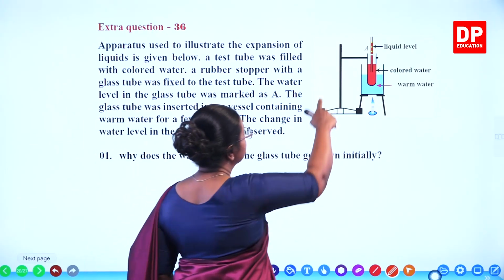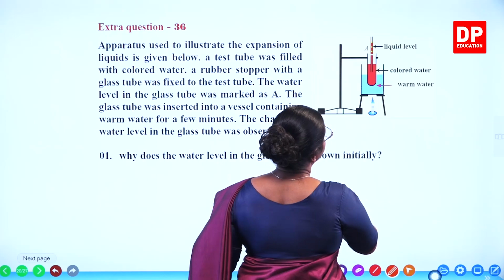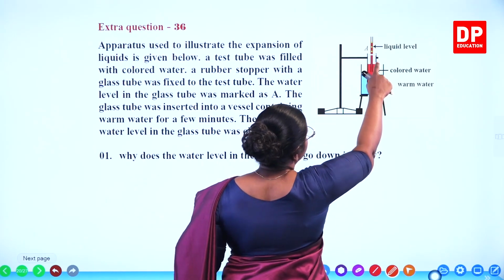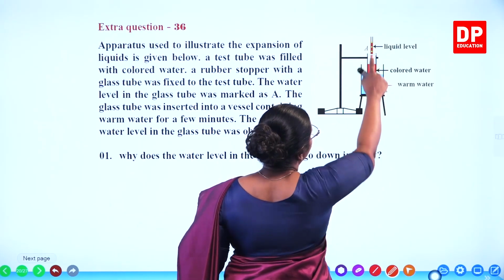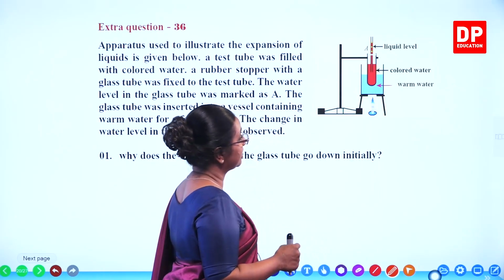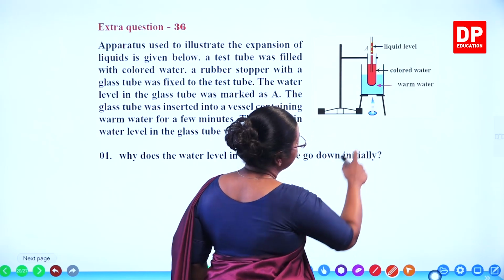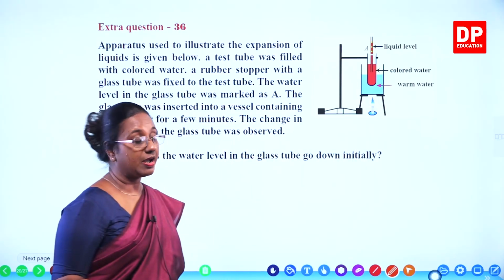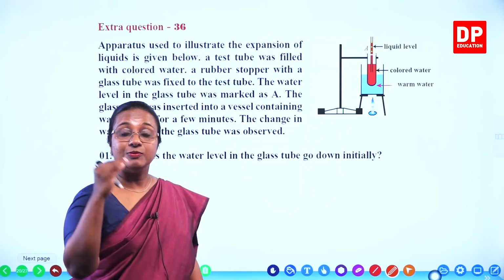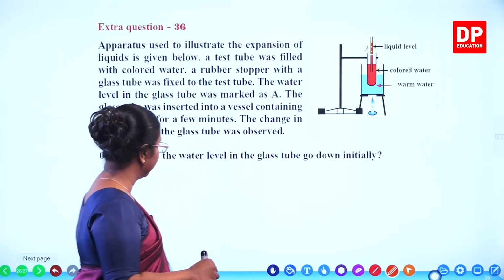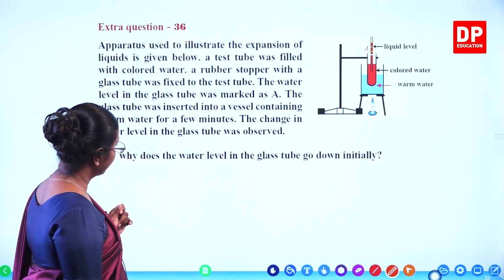So you can see here there is a stand where the glass tube is fixed, and inside that there's colored water, and inside that there is another glass tube that is inserted into a vessel containing water, and heat is provided. From point A, you can see the change in water levels. So what is the first question?